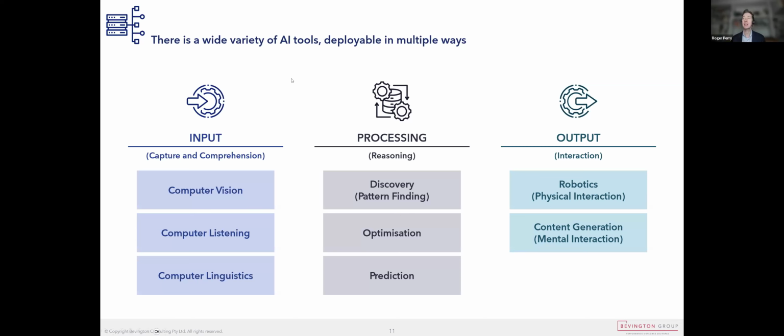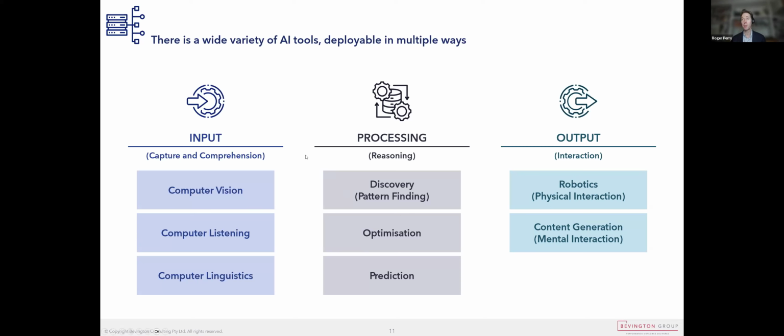So let's just look at the different types of AI tools and give you some ideas as to how to categorize these. One way to think about it, and there are many ways to think about it, is you can think about the different types of tools into input, processing, and output. So you can have computer vision.